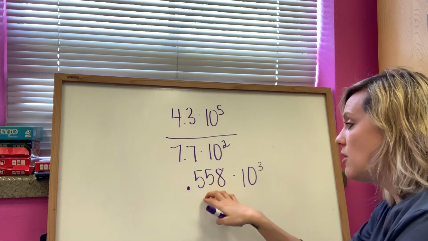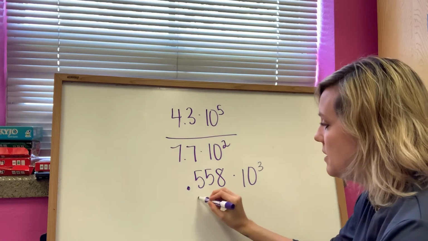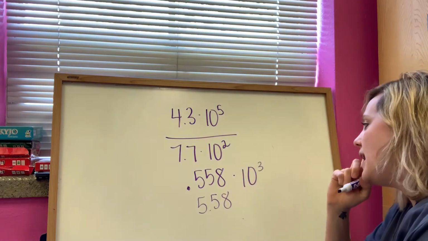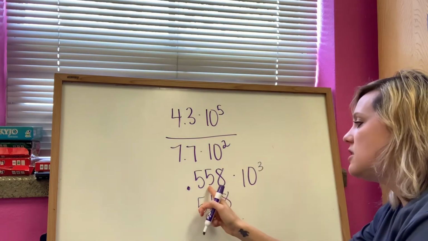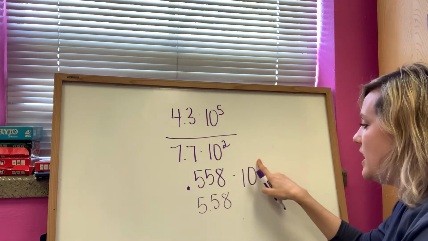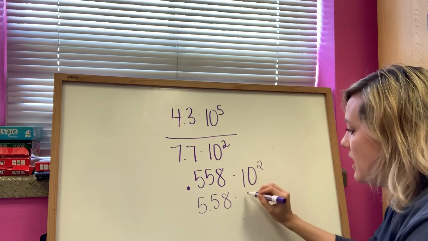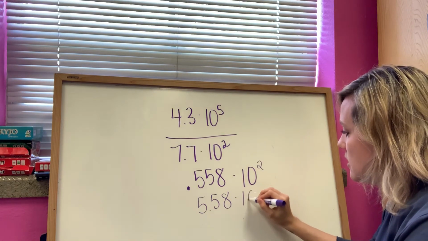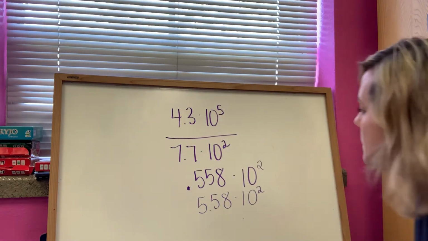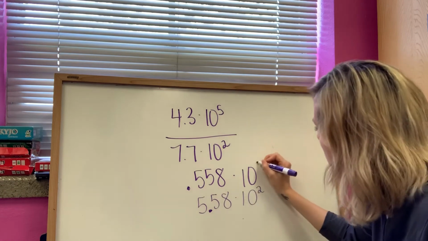So this small number, I need to put the decimal here because then the value would be 5.58, but our original number was smaller and we are making it bigger. So we need to subtract one of these so we won't make it, or else it would be too big. So we would have times 10 squared, okay? I'll just keep this one here.